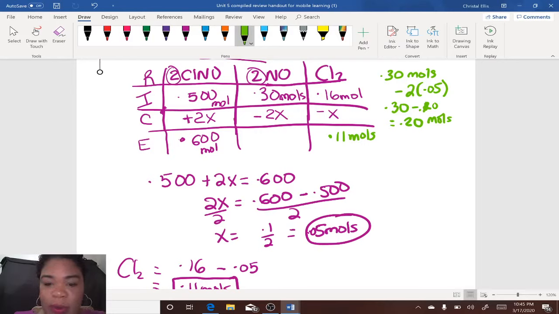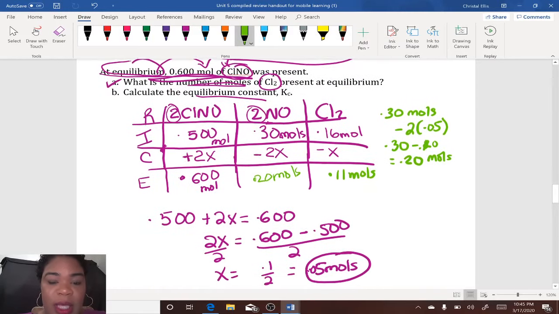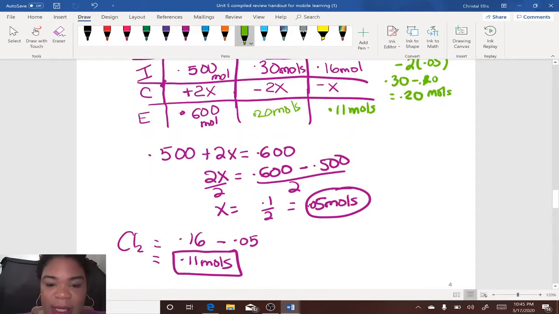So 0.2 moles goes here. So now we could go ahead and calculate the equilibrium constant, Kc.